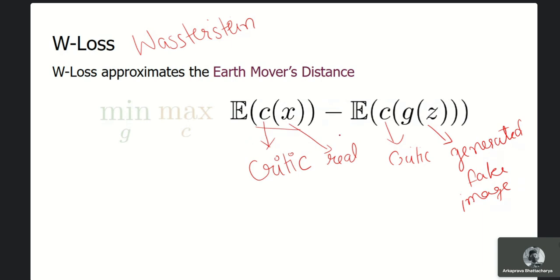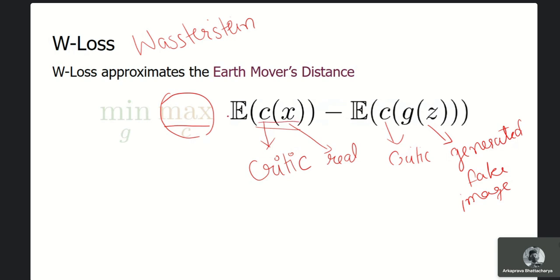So again, here the discriminator is trying to minimize this, whereas the generator is trying to maximize it. So the discriminator wants to maximize the distance between these two.